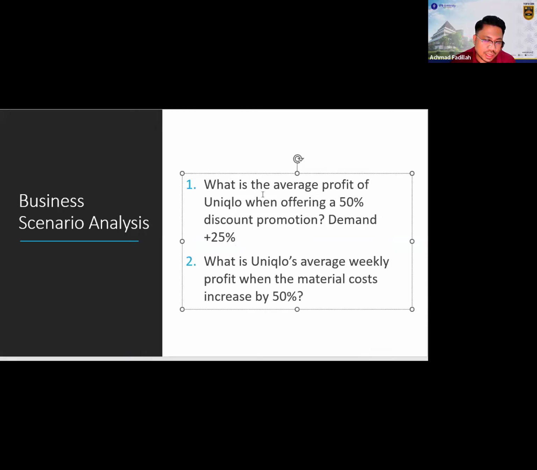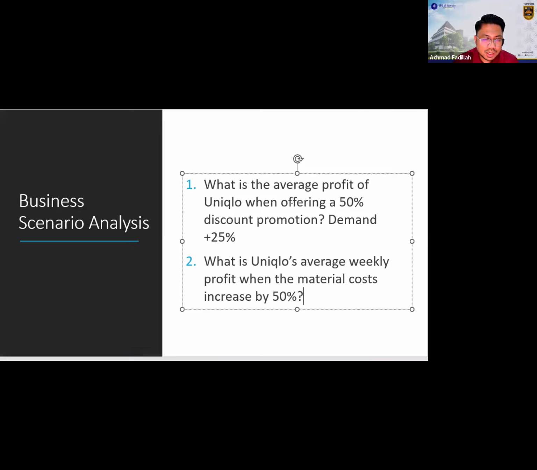Is it still worth it to put the promotion in that week or not? And also, if you know that Uniqlo still uses imported materials, and due to geopolitical conditions the material cost increased by 50%, what is the impact on the weekly profit?